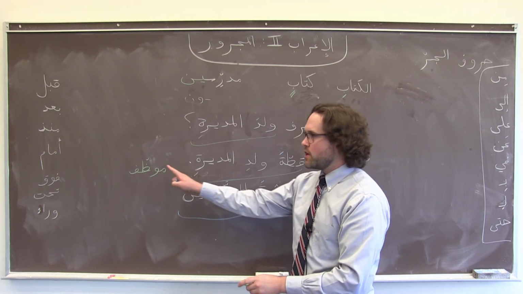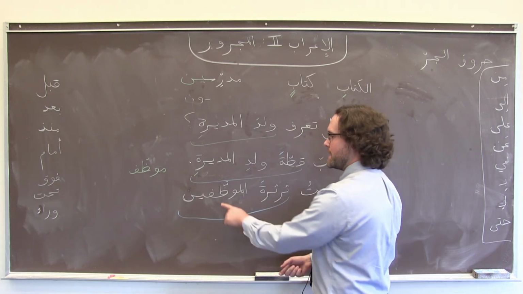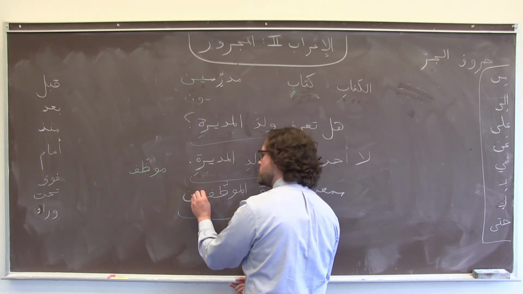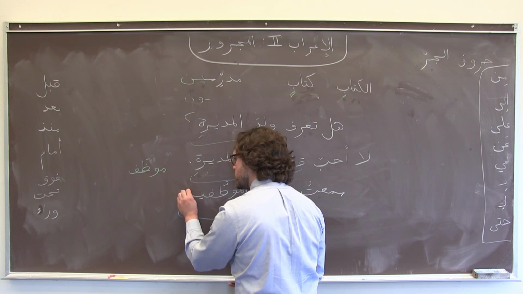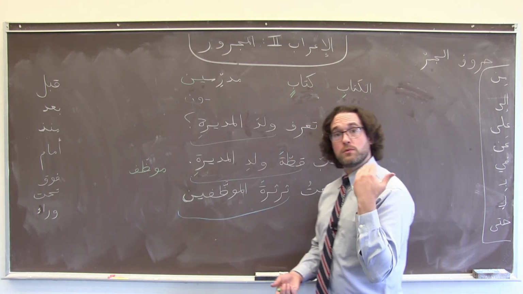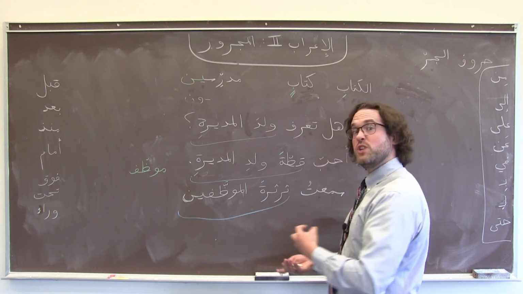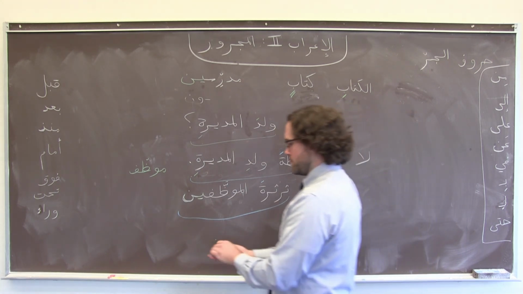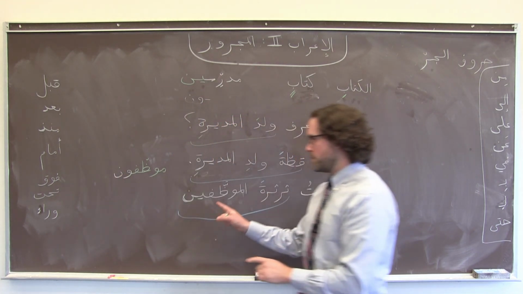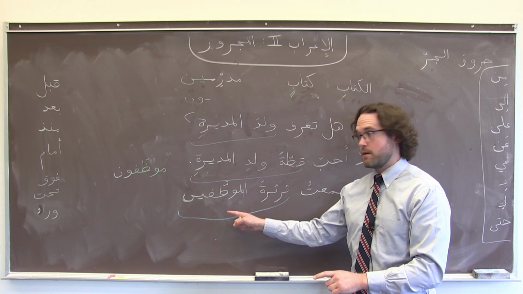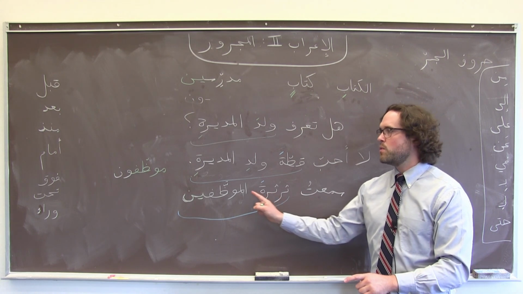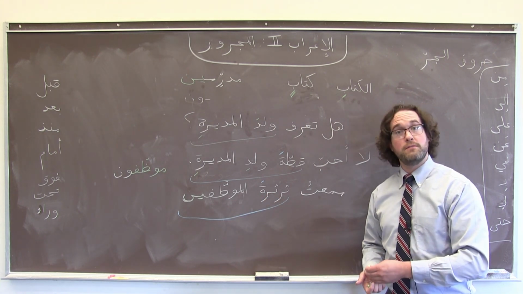However, since we are talking about multiple employees, and since this word is majroor because of its position in the idafa, it's going to be marked majroor with this ya nun. If we were talking about the employees as the subject of a sentence, then we would have to add the marfu'a ending, muwazzafun. But because this is the second word of an idafa, we say موظفين. سمعت ثرثرة الموظفين. And there is our fully vocalized idafa.